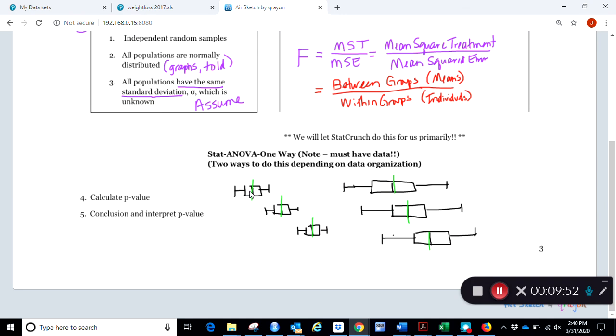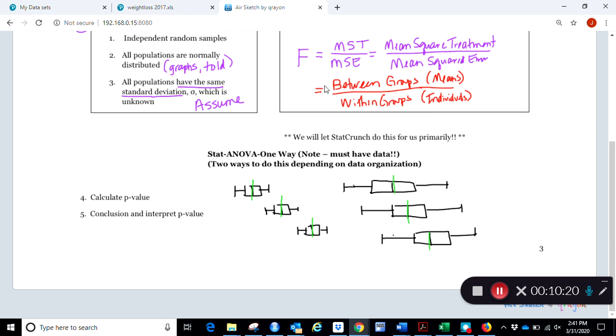So even if the means are the exact same in both situations, how far spread out those groups are is going to make a difference to me to say, well, these do look actually very different, but these really don't look to have near as big of a difference as what's going on here. So that's what this F is trying to calculate, comparing not only where those means are, but looking at how spread out the groups are from that mean as well.